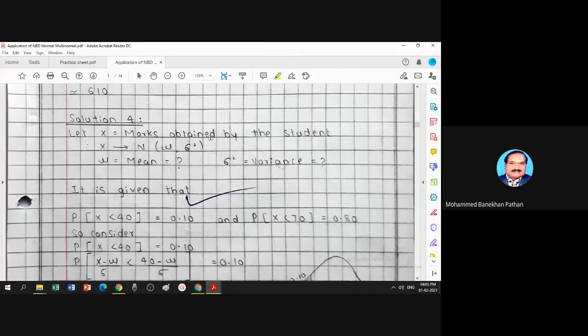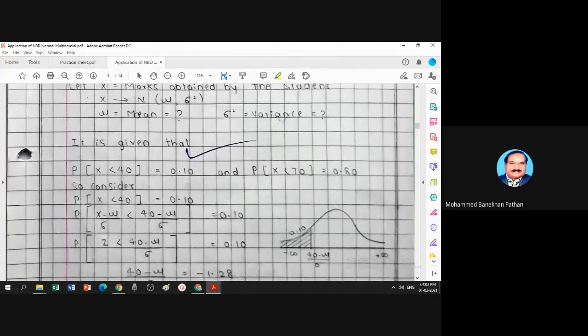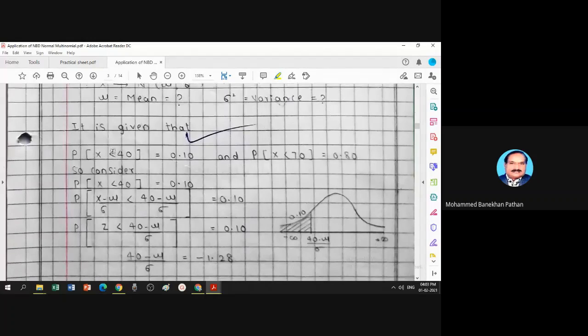X is the marks obtained by a student, given that X follows normal with mu, sigma square, where mu equals the mean, unknown, and sigma square equals the variance, unknown. What is given in the question? Probability of X, that means marks, less than 40 equals 10%, 10 upon 100, 0.10.